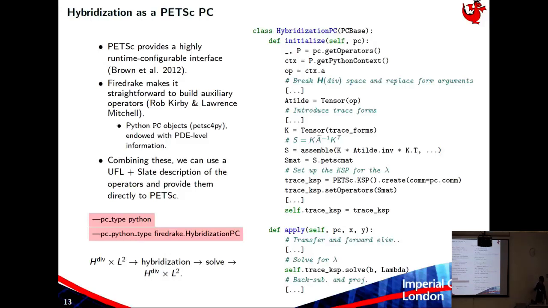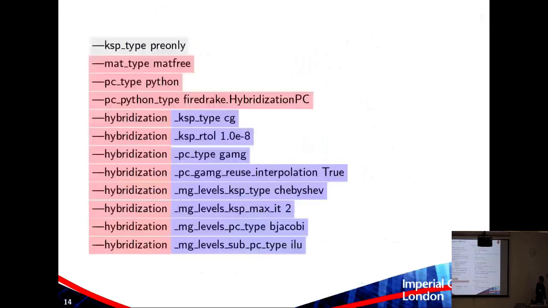You invoke it simply by PC type Python, and you can use the hybridization PC from there. Here's some example solver setup. So it composes very well with what's going on in PETSc. It's very easy to use, I think. I don't automatically check if you should be hybridizing something. That's a math problem, not a preconditioner problem.